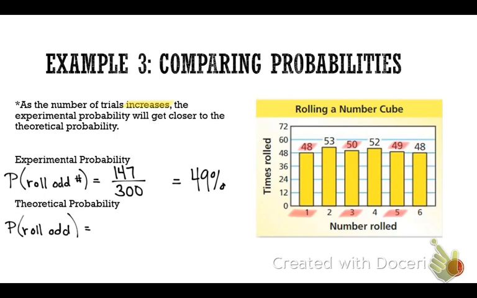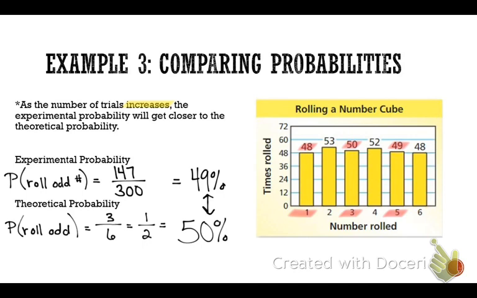How many odd numbers are on the number cube? 3. How many numbers total are on the number cube? 6. Which is 1/2, which is how many percent? It's 50%. So what do we see here between the two probabilities? What do you see? They're pretty close together.